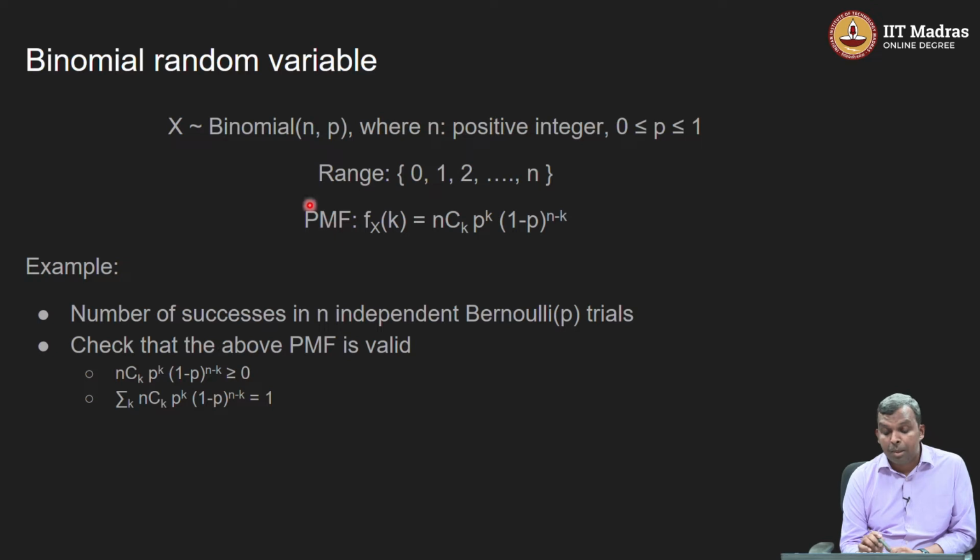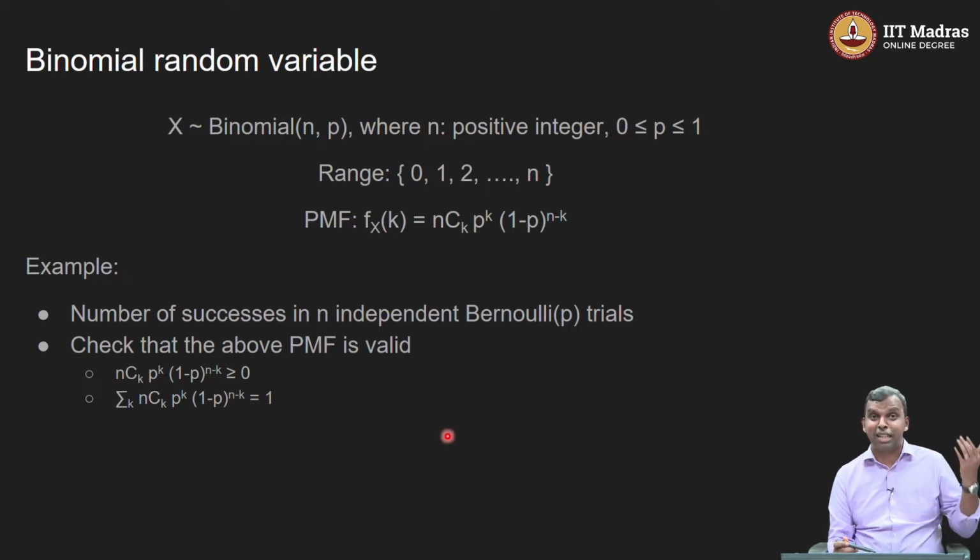Okay. And the PMF is f_X(k), k of course goes from 0 to n, right? f_X(k) is n choose k, p to the power k, (1 minus p) to the power n minus k. So, this is the probability that this random variable X takes value k. Is that okay? So, this is the PMF, this is the range, and this is the binomial random variable.